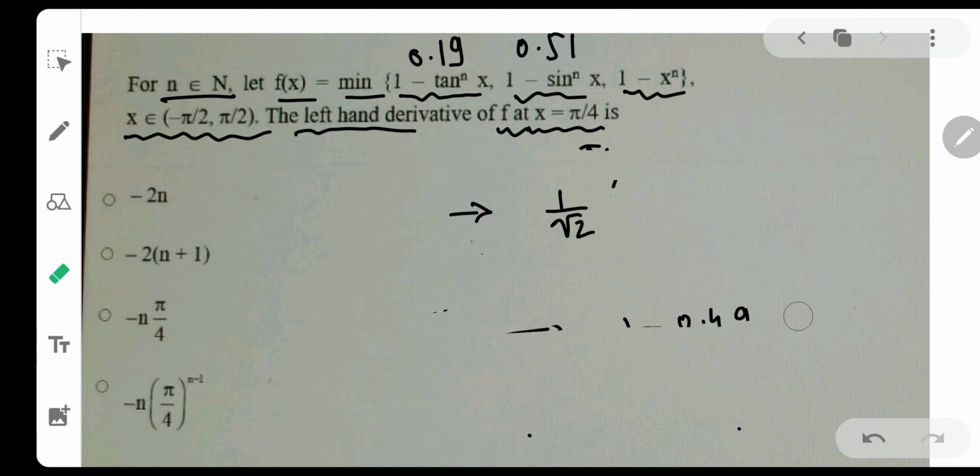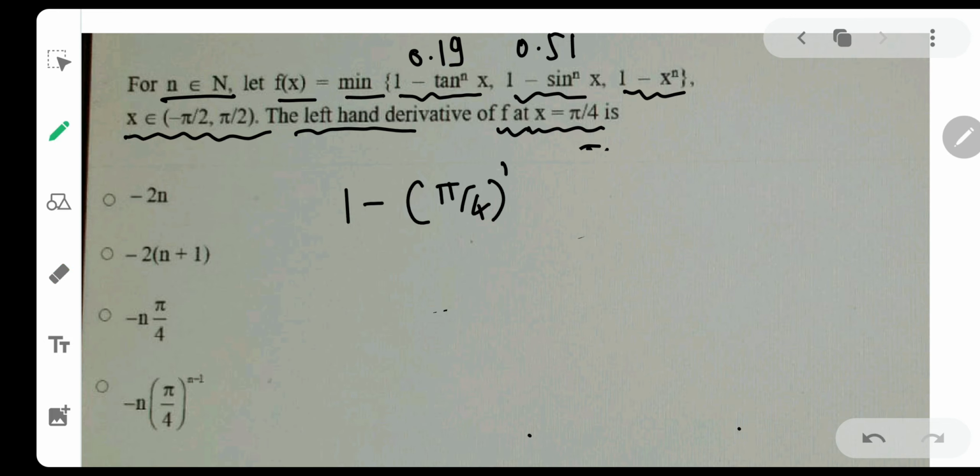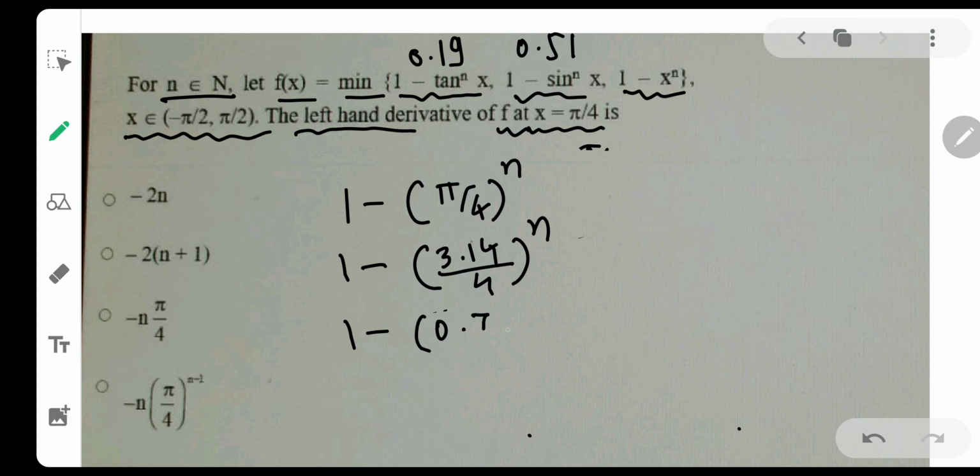Then the next one is 1 minus x raised to n. So 1 minus pi by 4 raised to n. Let us just directly solve it: 3.14 divided by 4 is about 0.77, raised to 2.